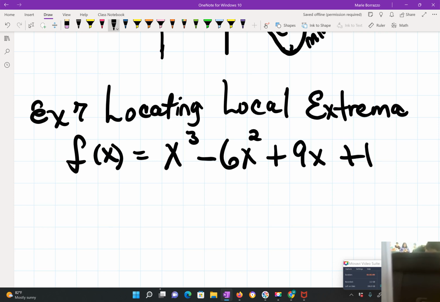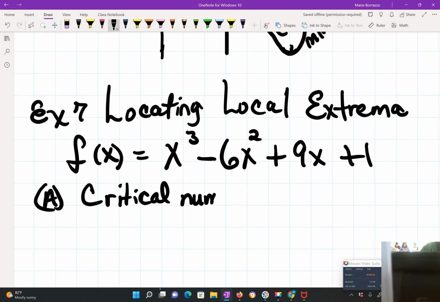So the three things they're asking you to do here is to sort of wrap it up. Find the critical numbers of f of x.